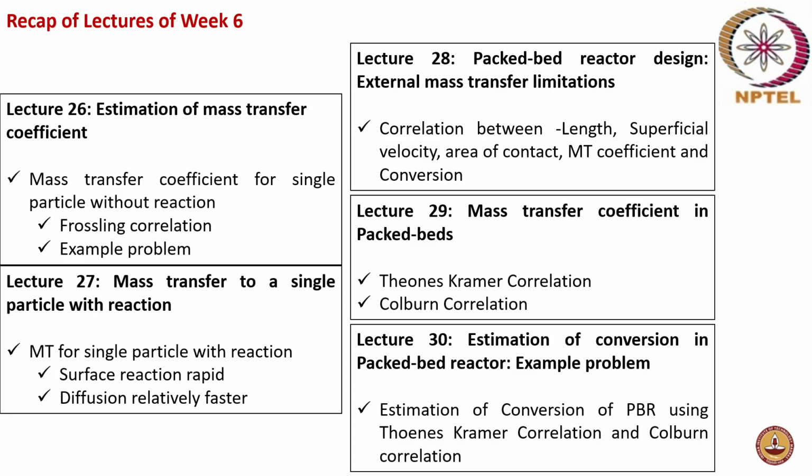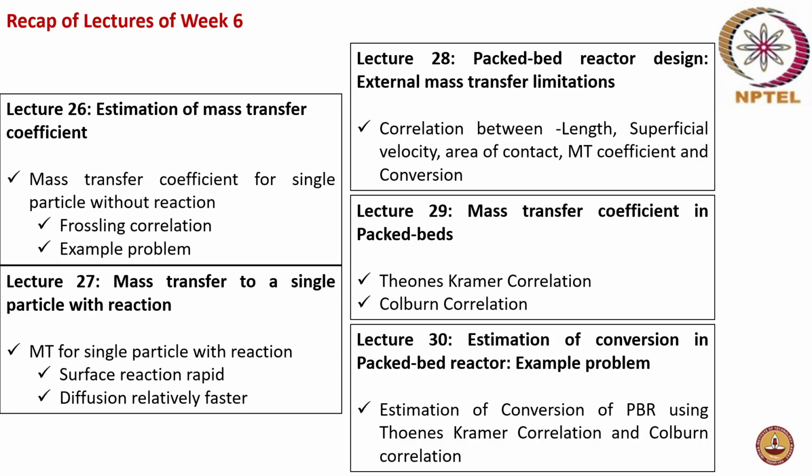So, based on these two concepts, the mass transfer through a particle with reaction was discussed. And then in lecture 28, packed bed reactor design was discussed with mass transfer limitation, where the correlation was developed between length, superficial velocity, area of contact, mass transfer coefficient, and conversion.